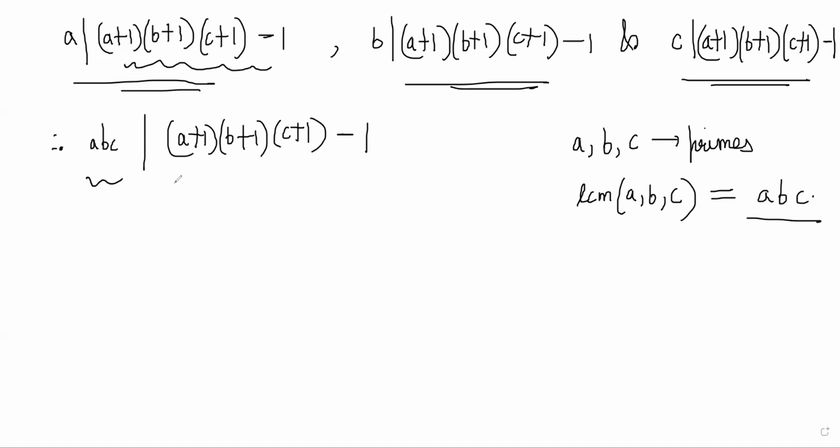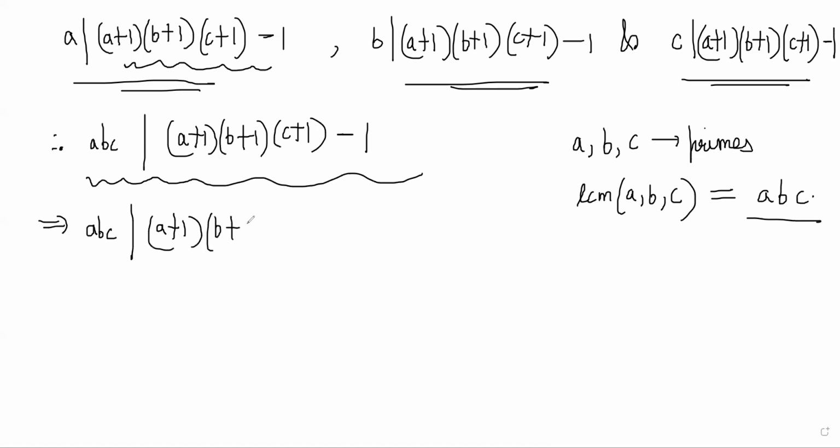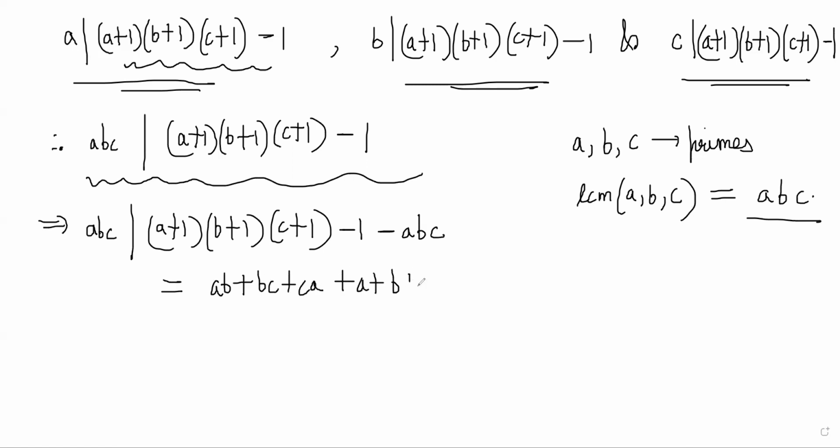So ABC will also divide (A plus 1)(B plus 1)(C plus 1) minus 1 minus ABC, and this simplifies to AB plus BC plus CA plus A plus B plus C. So we have ABC divides AB plus BC plus CA plus A plus B plus C.